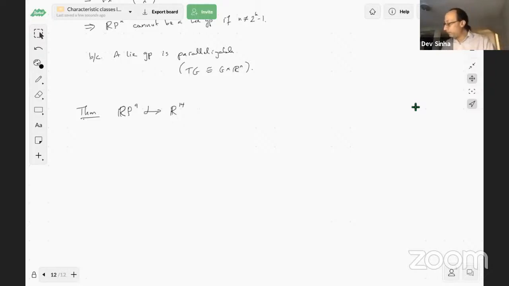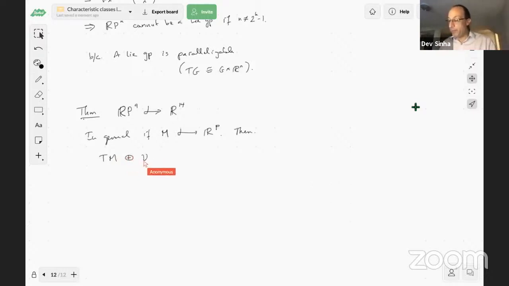So why is that? Well, in general, if M immerses in some R^P or R^Q or something like that, then, because the tangent bundle of M plus, if you have an immersion, you have a normal bundle.